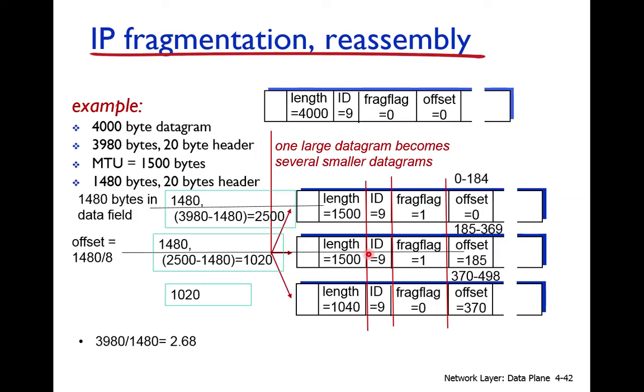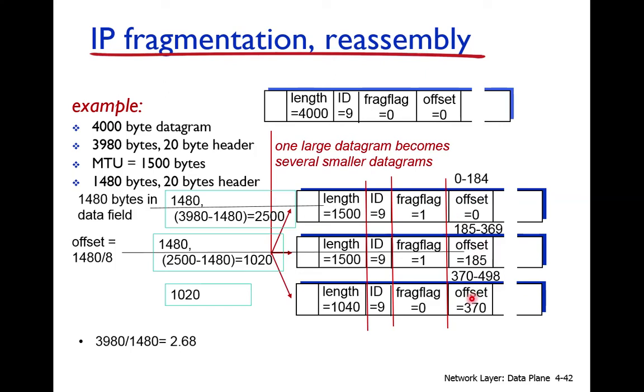Now we have discussed how a packet is divided into multiple packets, how the length is set by using this formula, how the identifier is replicated from the larger packet, how the fragment flag is set, and how the offset value is computed.